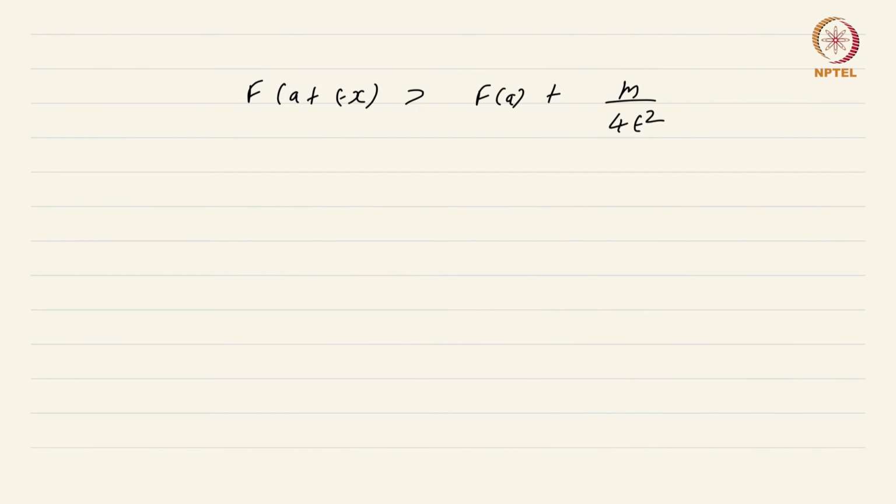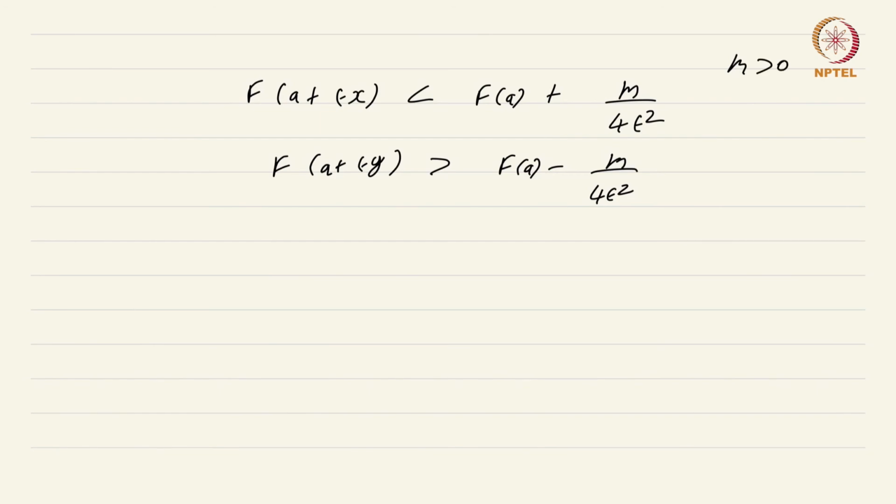Okay, and similarly you can conclude that f of a plus ty, I think I got the inequality reversed, is less than f of a minus m by 4t squared. And note m is positive by the way I have defined m.